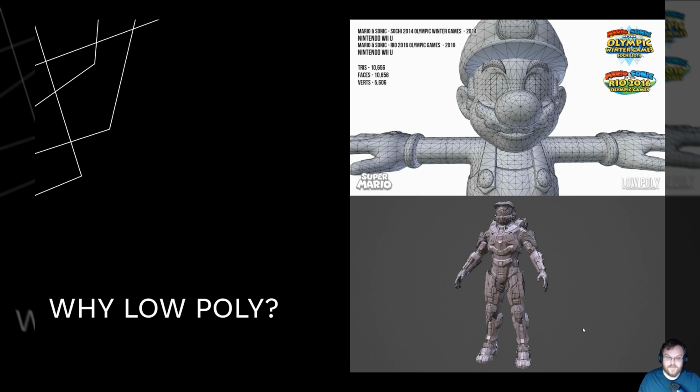Here we have a couple of very good examples of efficient 3D low poly modeling. The Mario wireframe is a little old at this point, but the idea, if you look at the breakdown of the tris, faces, and vertices of the model, Mario and Sonic Olympic Games from 2014, 2016 for the Wii U had a total of about 10,000 triangles, 10,000 faces.